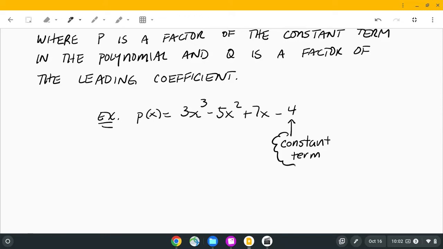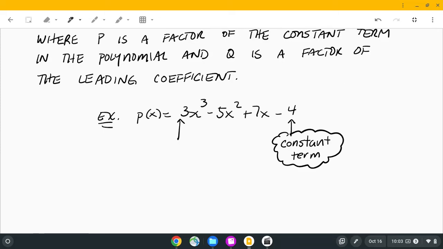If you have them listed in descending order by exponents, exponent 3, 2, 1, and none, x to the 0 is like 1, and 1 times 4 is 4. If you have them written in order, then this first term has what's called the leading coefficient.